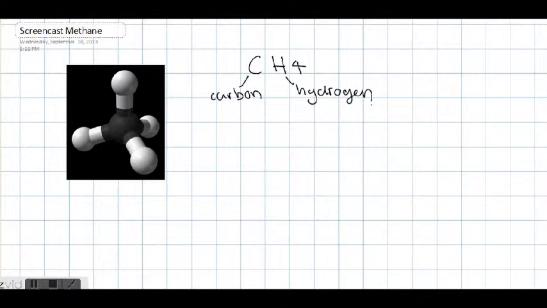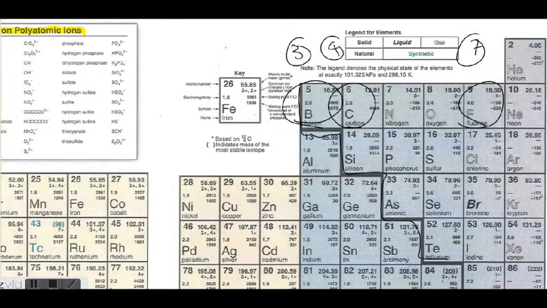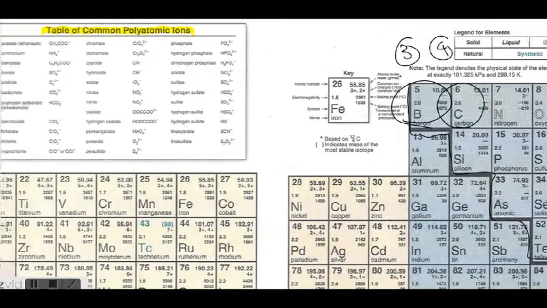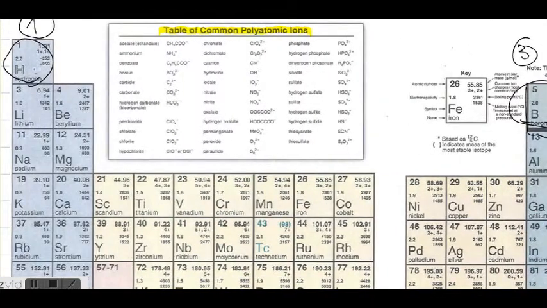Now, as you can see, carbon has 1 and hydrogen has 4, since the little 4 is next to the H. Now let's go take a look at the periodic table. Carbon is in group 4, right here, and hydrogen is in group 1, right up here on top.